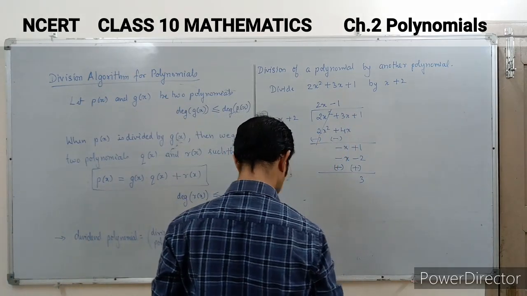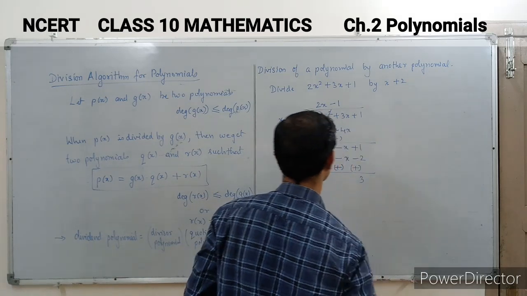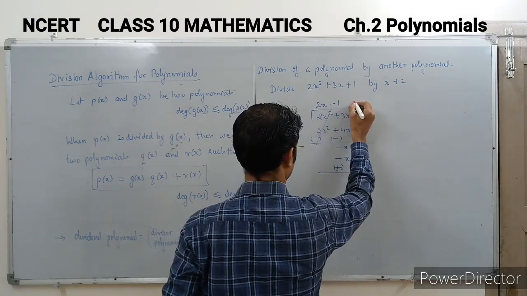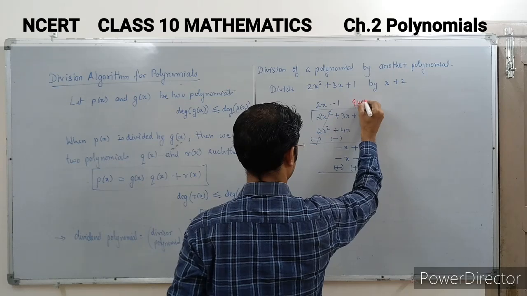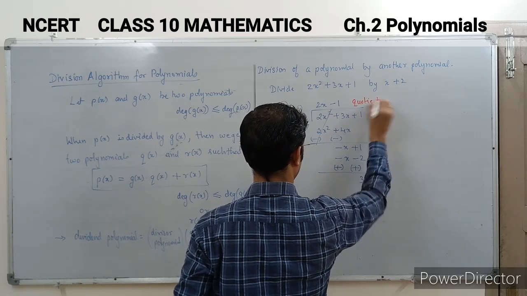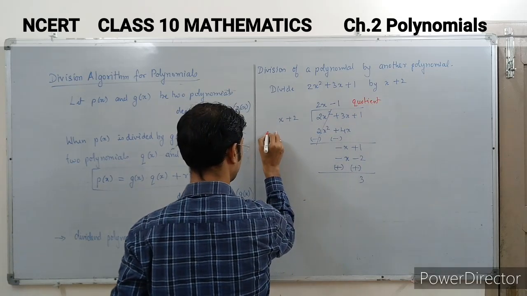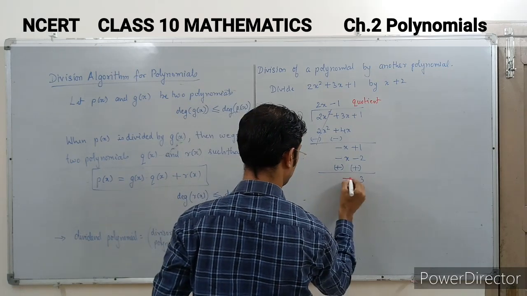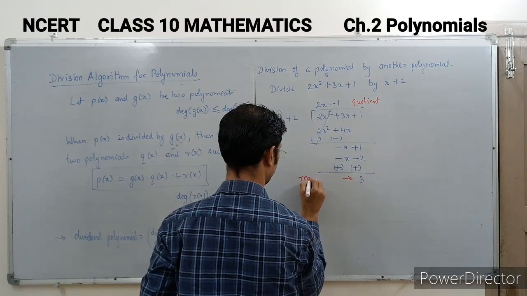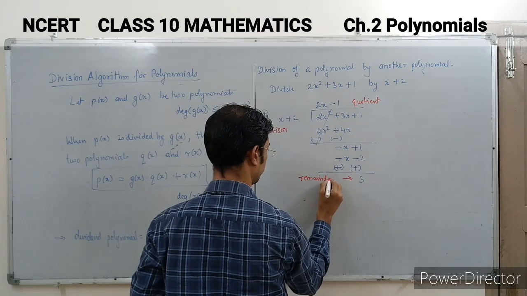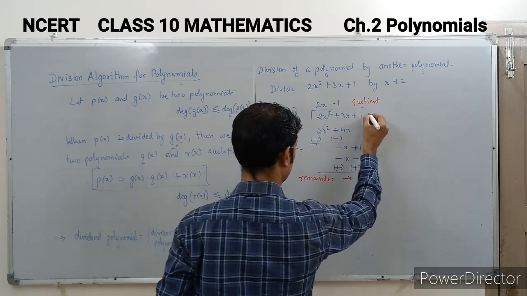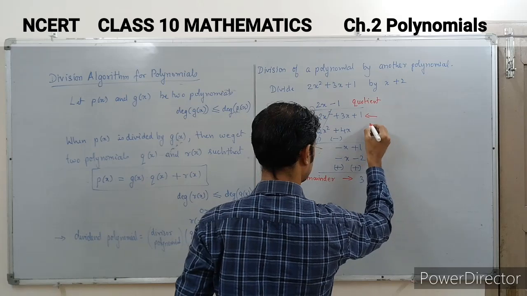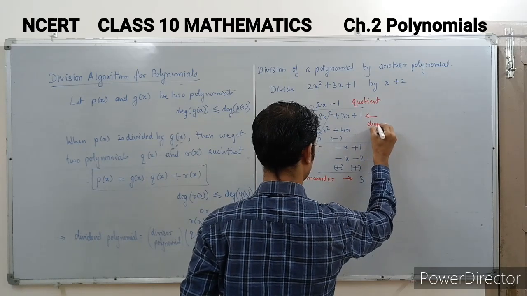This one is known as the quotient polynomial. This one is the divisor polynomial. This is the remainder, and this one is the dividend polynomial.